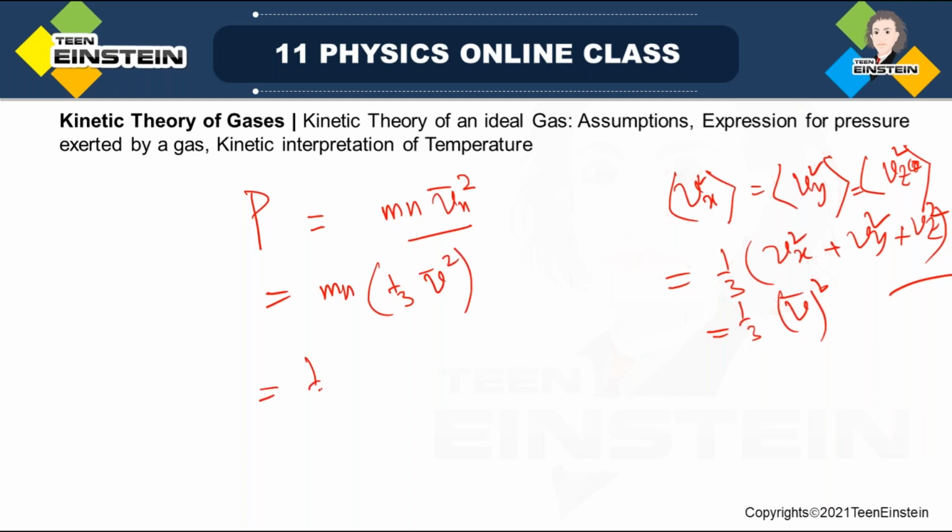So that's how we get 1/3 mn v average square. This is the pressure exerted by an ideal gas. Actually, this happens only for an isotropic medium.